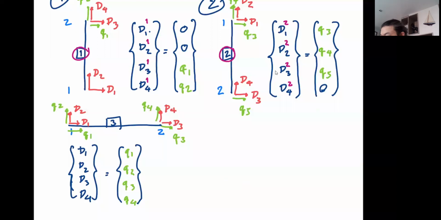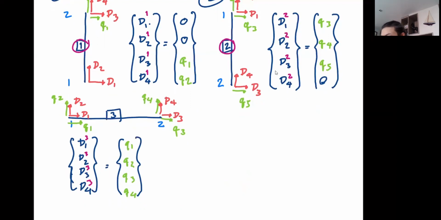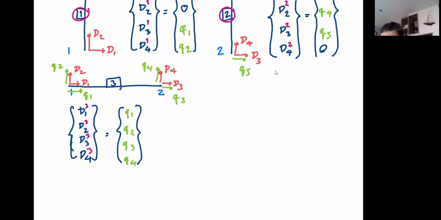Now, I think when you begin to get a hang of this, you don't need to write everything. I can just go ahead and write this matrix for member number 4 and 5 right away. If you don't want me to draw the picture of the member, do you think we can live with that? Can you draw the pictures of the members yourself, or do you want me to draw it?